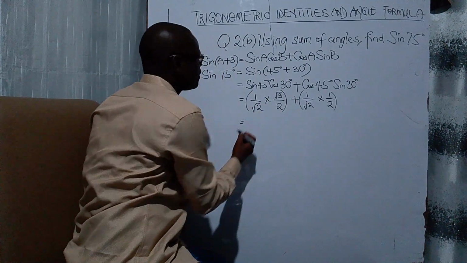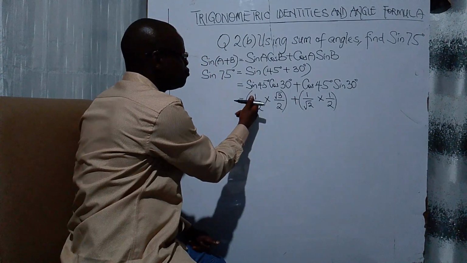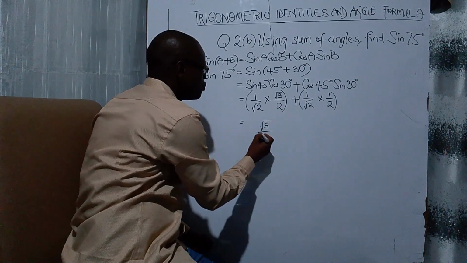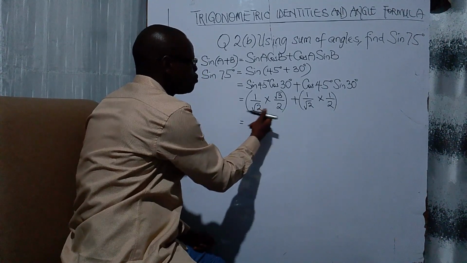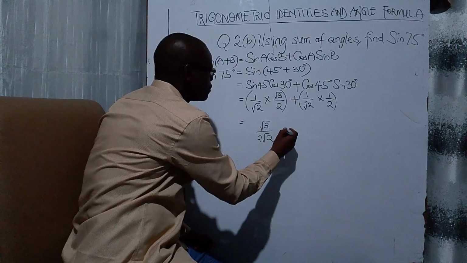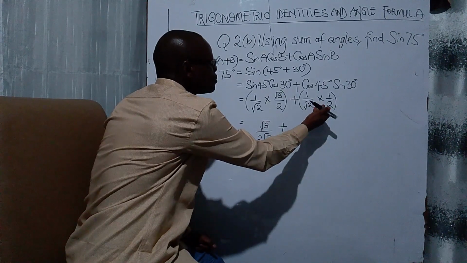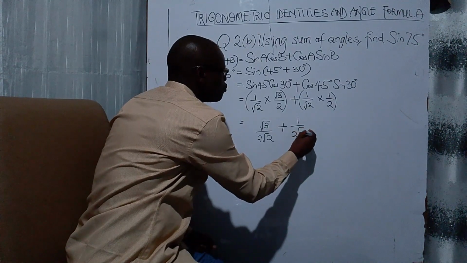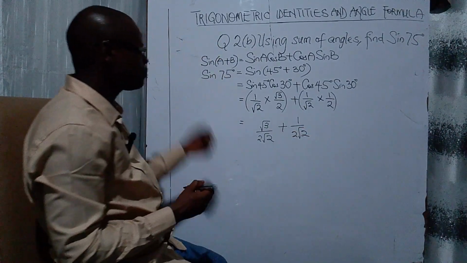So we can separate that with brackets. So what we have here is using the numerator to multiply the numerator will give us root 3. So we do the same thing for the denominators. Root 2 multiplied by 2 will give us 2 root 2 plus, we do exactly the same thing to this side. So we have 1 over 2 root 2.